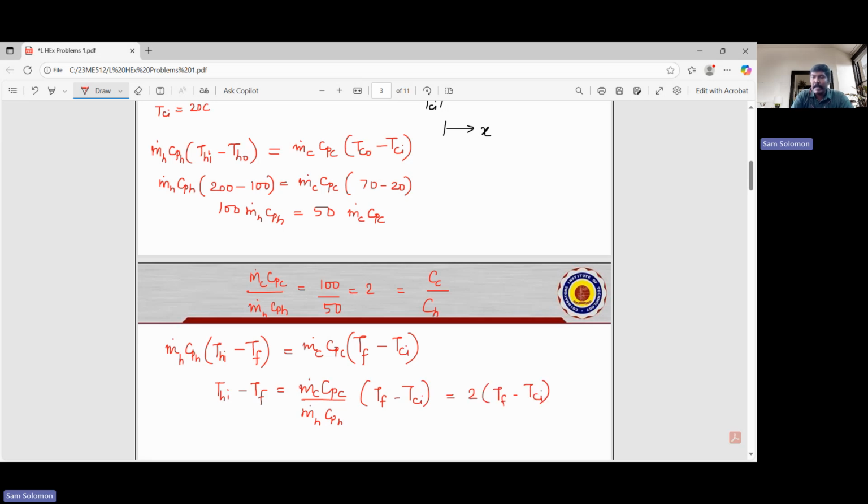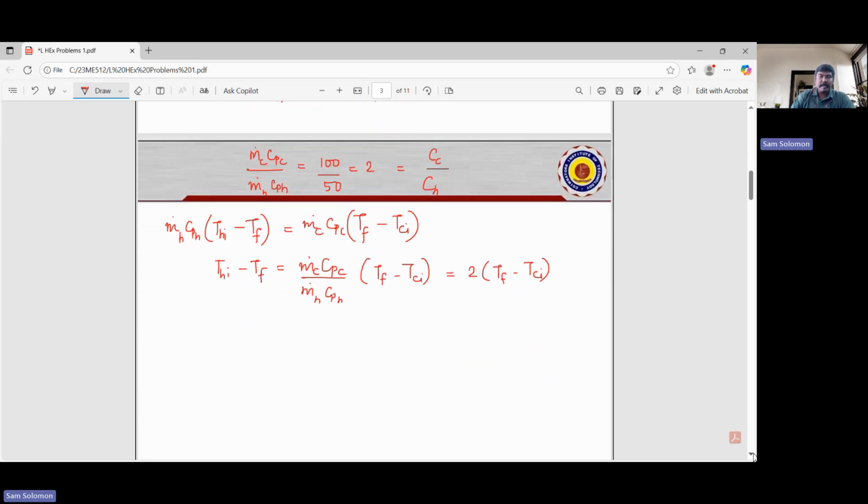If we expand this simple energy balance equation, we get Thi minus Tf is equal to 2Tf minus 2Tci.